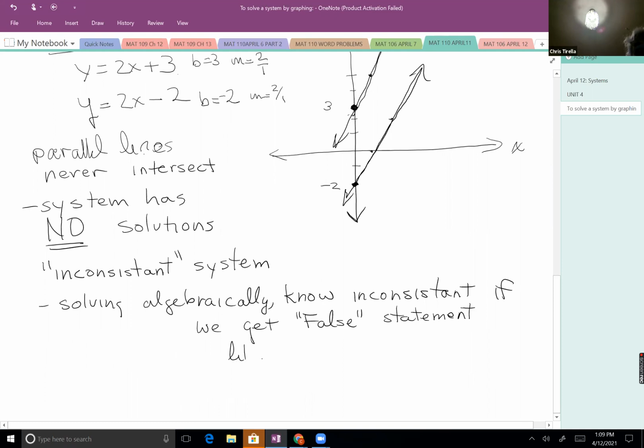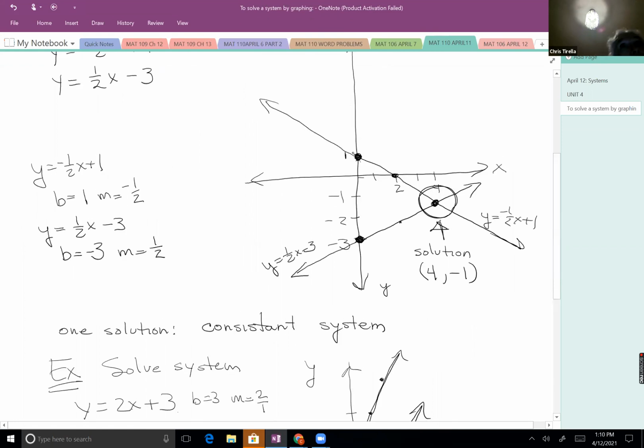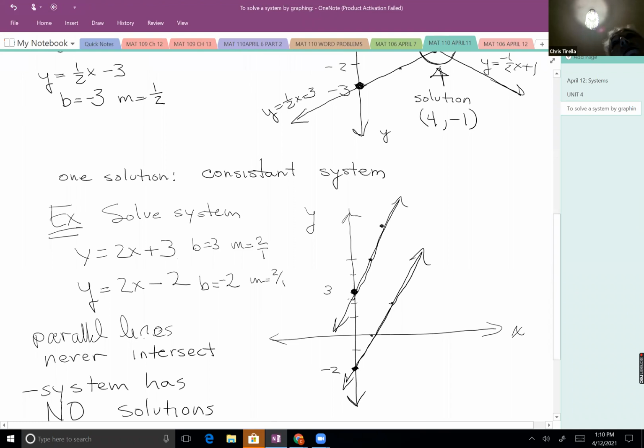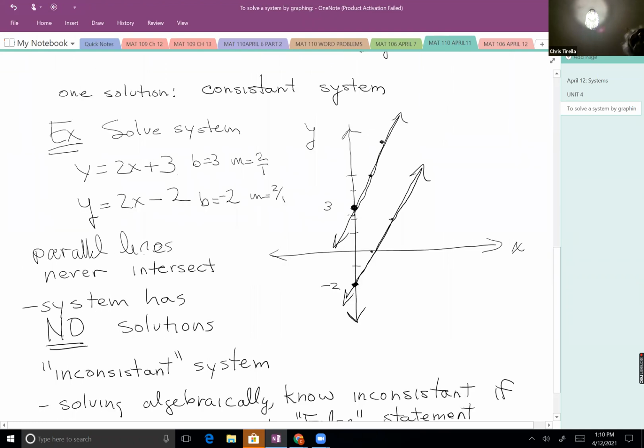Something like if I were to say 3 equals 4. We know that's false. So that type of solution would tell me that I'm inconsistent. And so does it make sense if I consider lines? I could have lines that cross in one point, unique solution, I got it. But I could also have lines that never cross. And so it's possible to have systems with no solutions.